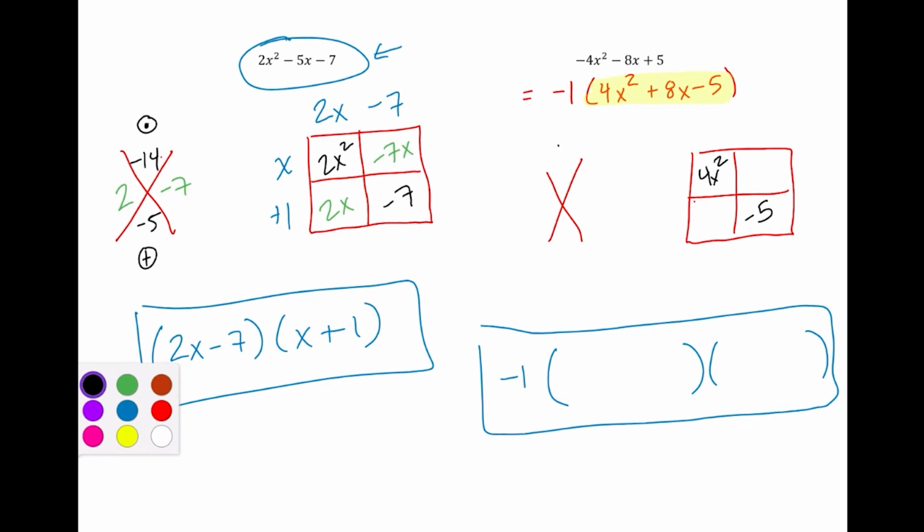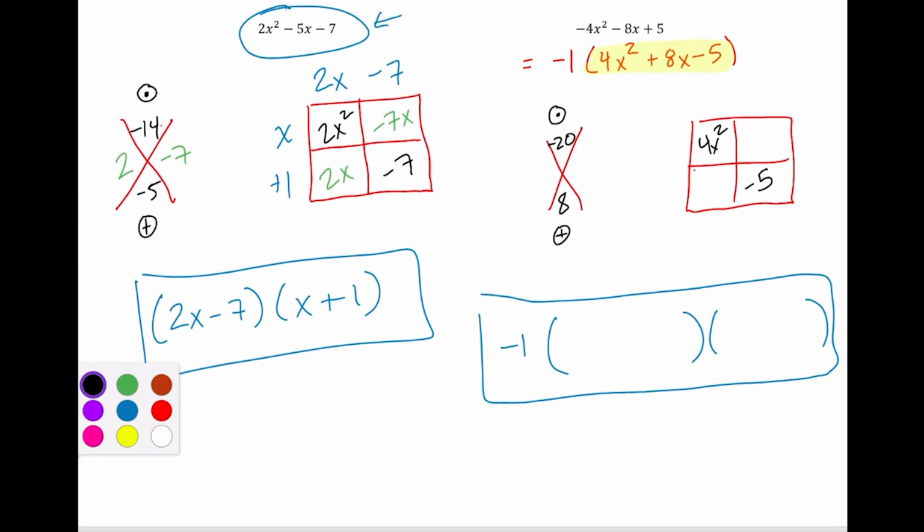Now we need to find two terms that multiply to give me 4 times -5, that's -20, and add up to 8, that middle term. And if you're having trouble coming up with those two numbers, just start listing factors of 20, right? 1 times 20, 2 times 10, 4 times 5.